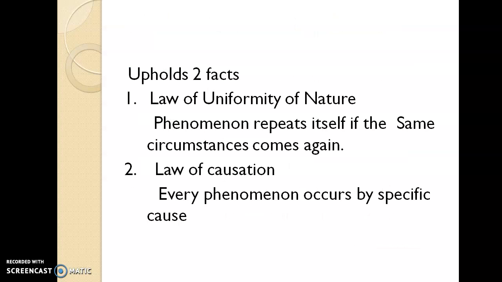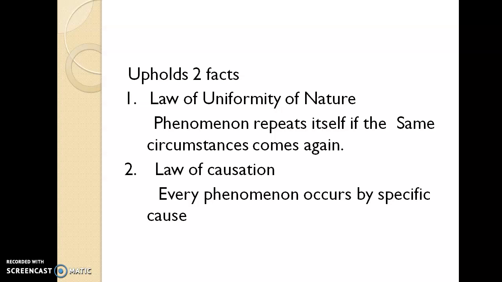If a scientific method is said to be inductive, it generally upholds two different facts. What are they? The first is called the law of uniformity of nature, which means that natural phenomena will repeat themselves if the same situations or circumstances come again.